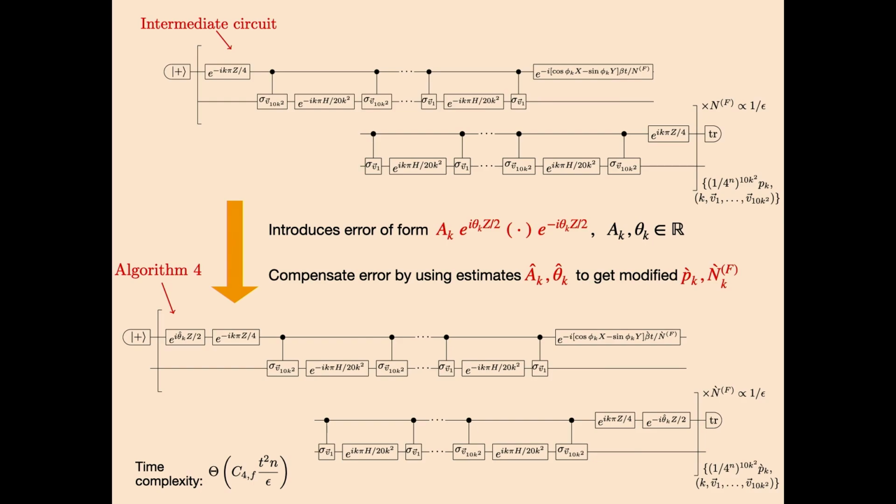And we plug those into the intermediate circuit, and we obtain the final algorithm 4, which is the same as the previous compiled version, but with modified probability distribution, modified iteration number, and of course a correction for the Pauli z rotation.